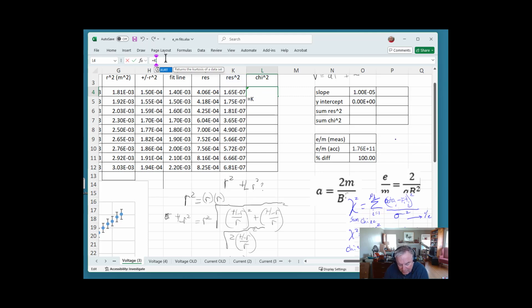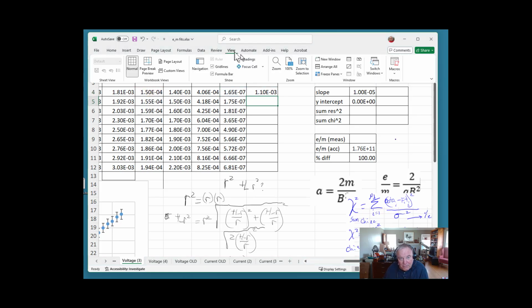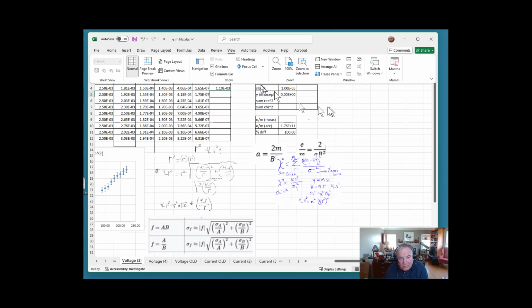K4 minus, no, divided by the plus minus H4.